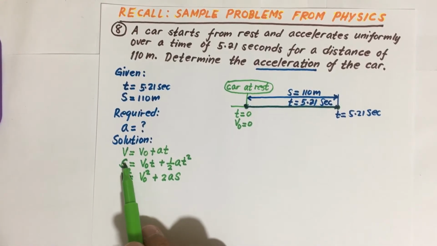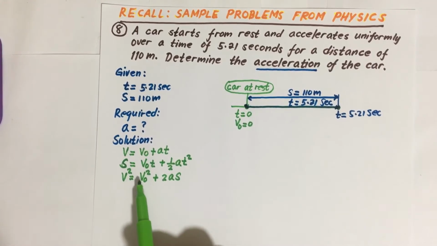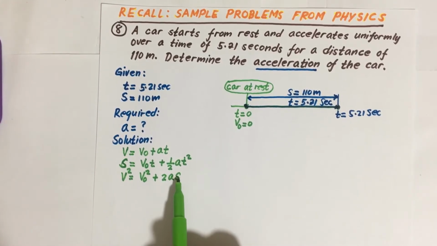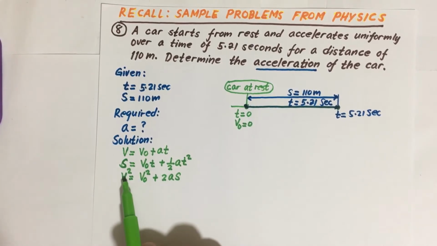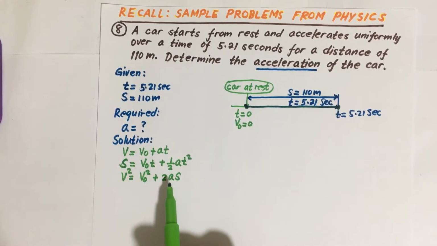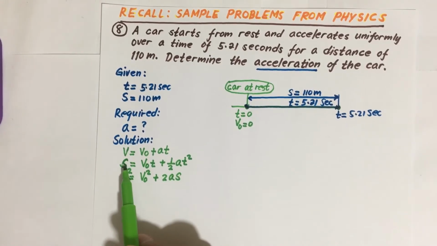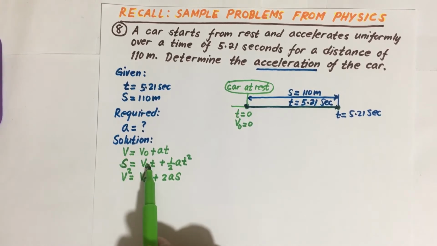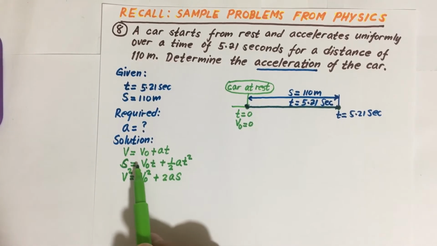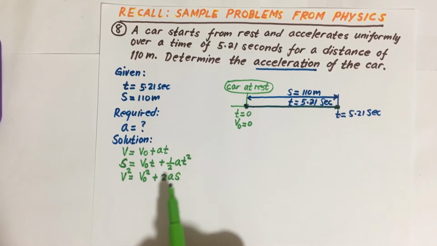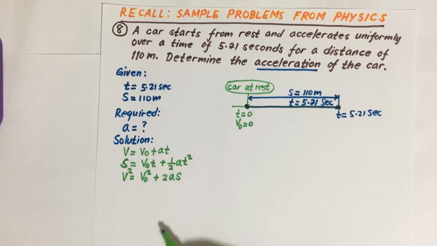If we use the third, we have s, but we don't have the final velocity, so we cannot use this. So the only formula that we can use is this one, because we're given s and t, and the initial velocity is equal to 0. So our equation will be reduced to s equal to 1/2 a t squared. t is given, so therefore we can use this.